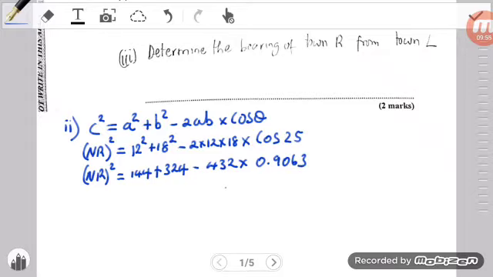So NR squared is equal to 144 plus 324, which gives us 468, and we take the result of 432 multiplied by 0.9063, and we get 391.52.